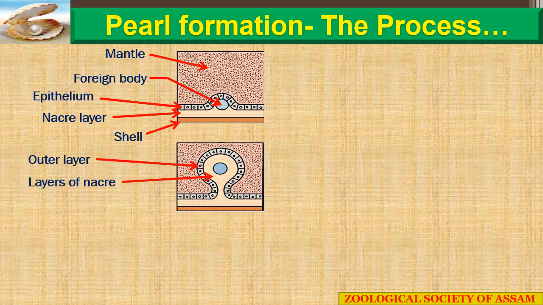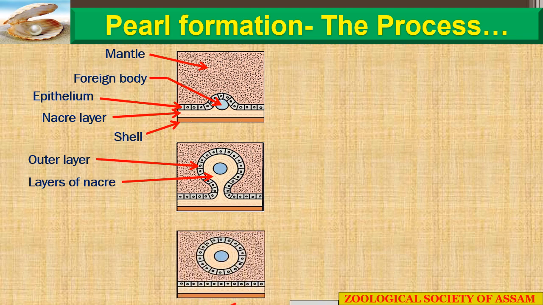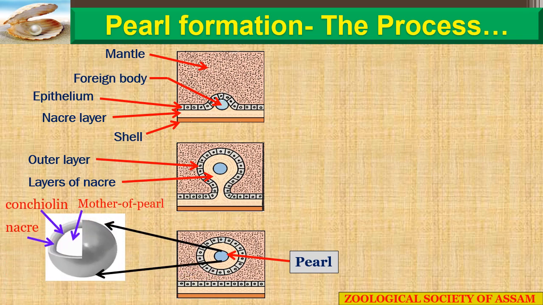The foreign body invades into the mantle and forms a layer, and finally within the layers of nacre the pearl is formed, where the mother of pearl resides in the middle of the pearl. The nacre layer covers the outer portion of the mother of pearl.